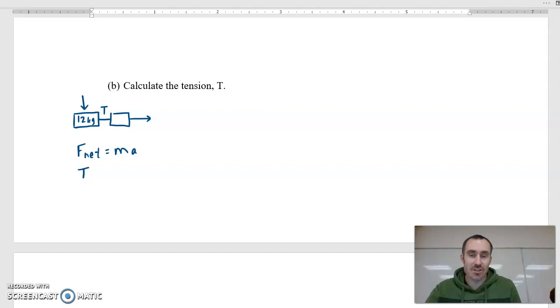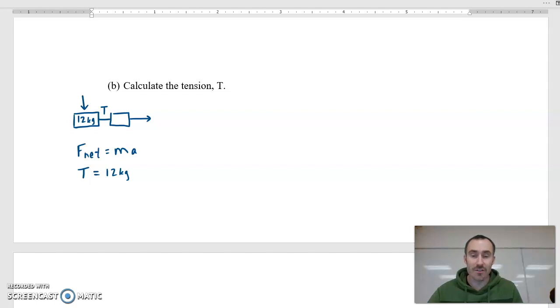And not just the tension. So it's not much different. But the tension in that rope is going to be equal to the 12 kilograms this time, not both boxes, because that tension is only pulling on the 12 kilogram box. That's the way we're looking at it anyway. Again, multiple ways to look at it.